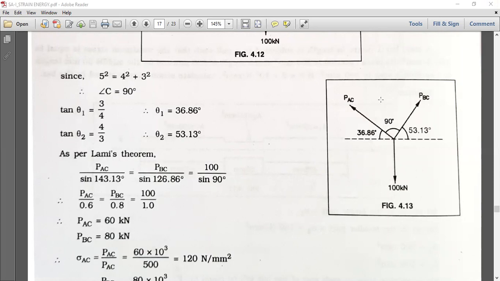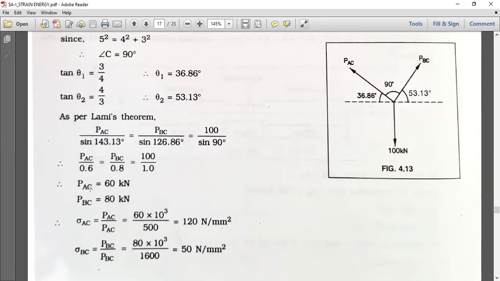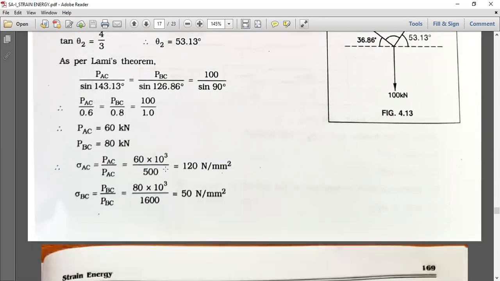Let us clear for PAC: 53.13 plus 90. Sorry, for PBC: 36.86 plus 90. For PAC, 53.13 plus 90. The whole angle we can calculate and put it here; that's why the values are changed. To simplify, we can get PAC is equal to 60 kilonewton and PBC is equal to 80 kilonewton.